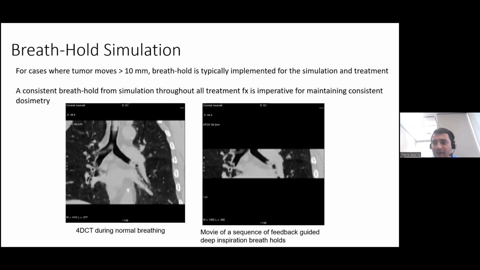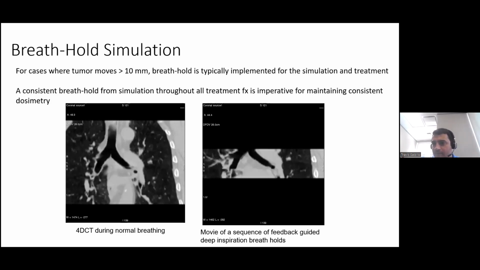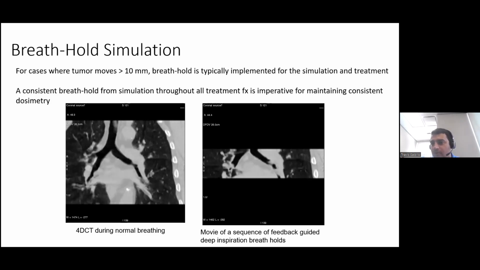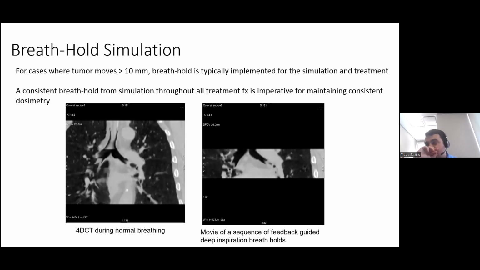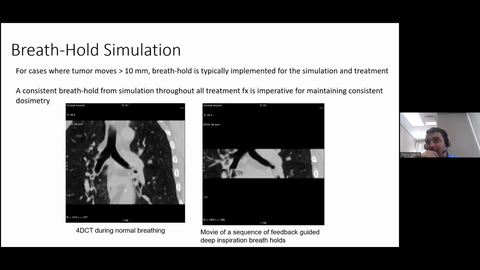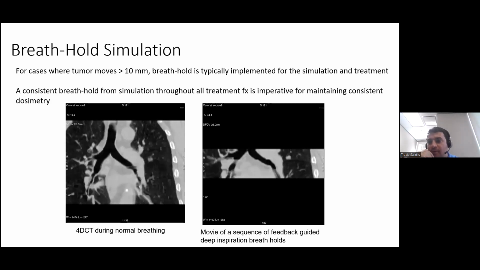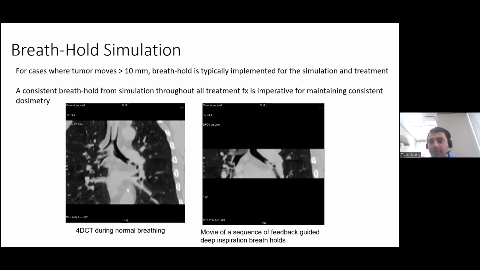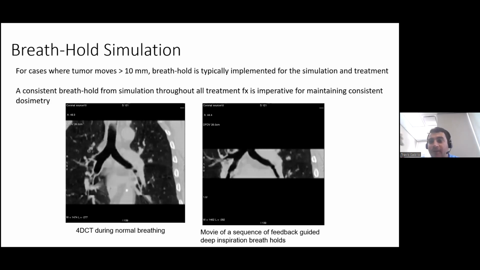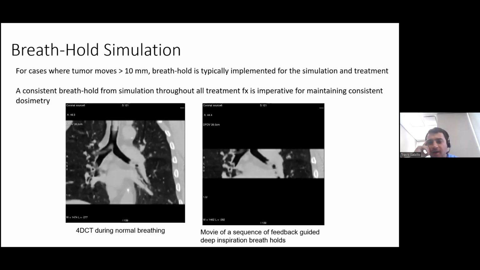We typically allow for 5 millimeters. If it's above 5, we'll acquire another cone beam CT or another planar X-ray. And if we're still off, then there's a chance we might actually have to resim, because that means that our breath hold is no longer consistent to what we had planned on for the simulation image.